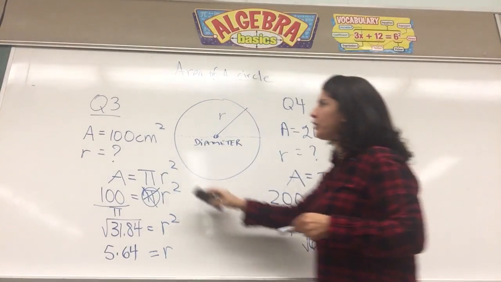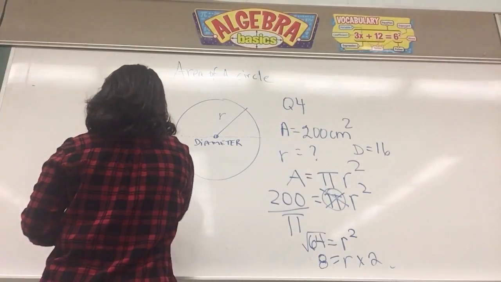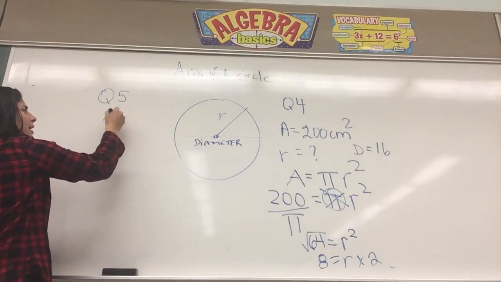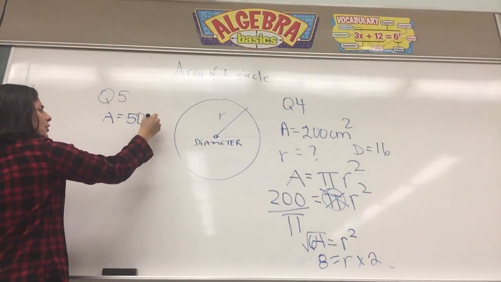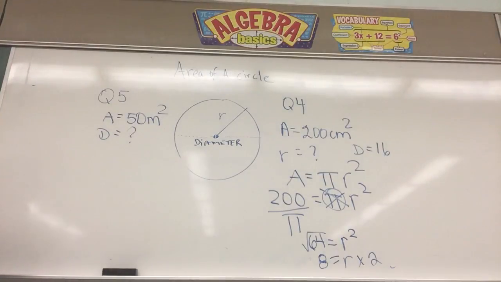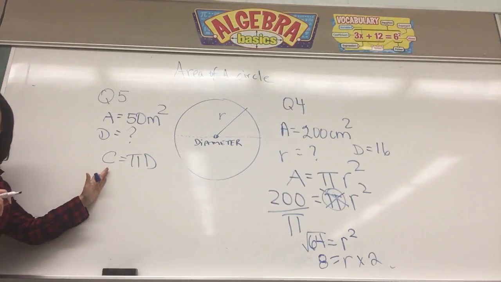So my next question: let's do question 5 in our notebooks. Question 5: if the area equals 50 meters squared, what's the diameter? I'm going to give you a minute to write. Are you going to write C equals pi d? No, because it's not circumference.